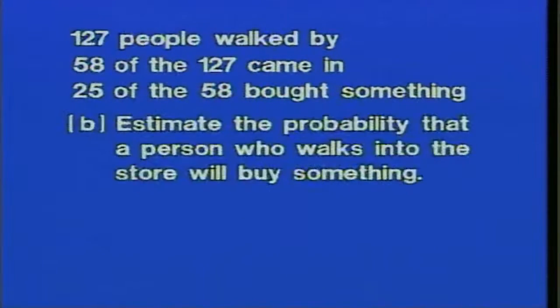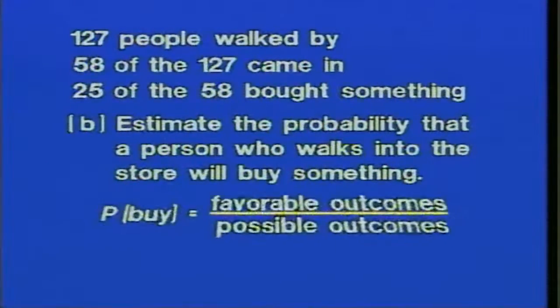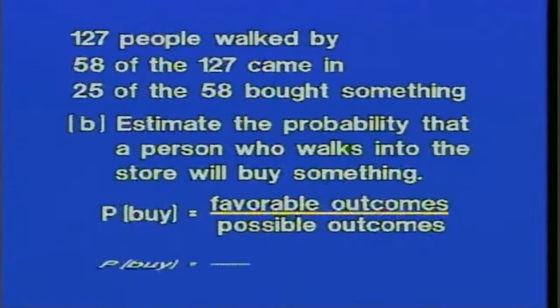Next item says, estimate the probability that a person who walks into the store will buy something. We start the same way, and now we're figuring the probability of buying. Favorable outcomes would be the number of people that buy something. 25 people bought something. Now, the trick here is the possible outcomes.